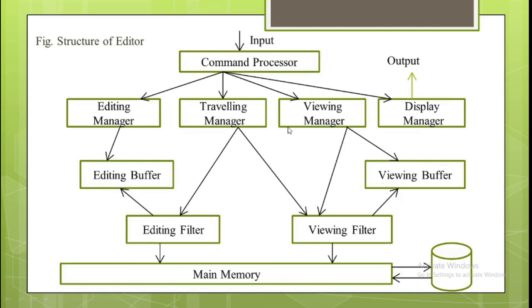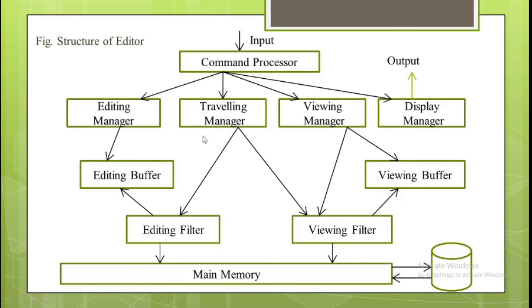The command processor may produce an intermediate representation of the desired editing operations. An intermediate representation is then decoded by an interpreter that invokes the appropriate semantic routines. The semantic routines involve traveling, editing, viewing, and display functions.